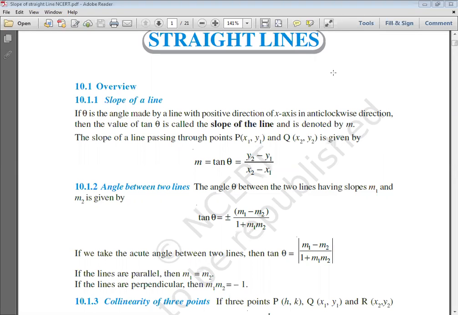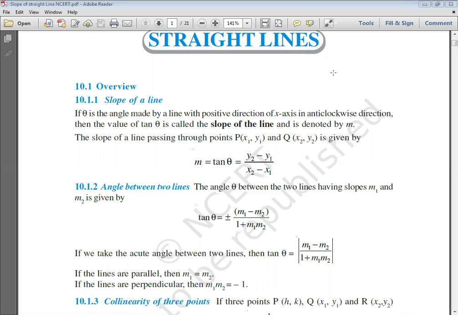Automatically with the negative direction of the x-axis we will know, and automatically we will know its inclination with the y-axis, positive or negative direction. But basically, in the case of slope, we always consider it along the positive direction of the x-axis.